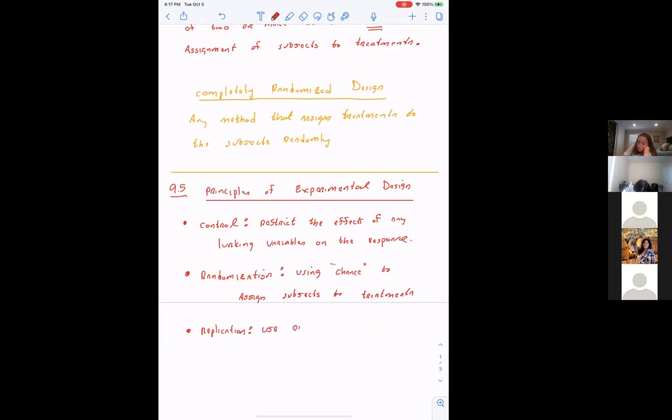Use enough subjects to reduce chance variation in the results. If I just test one patient and they happen to get better, can I reasonably attribute that to the drug that I gave them?